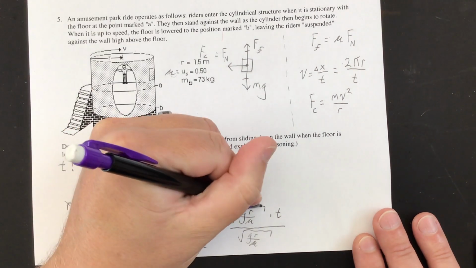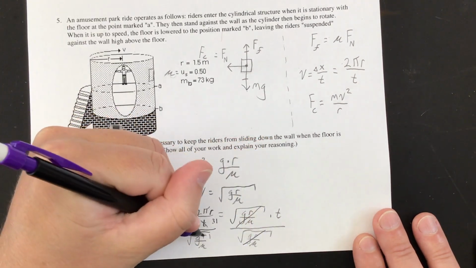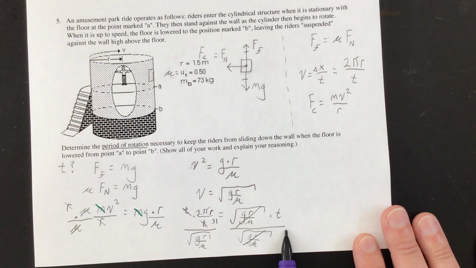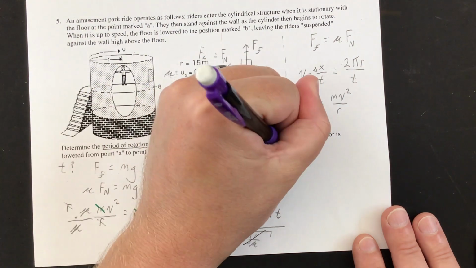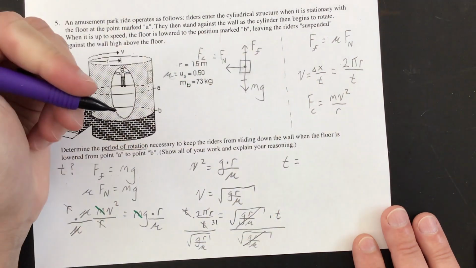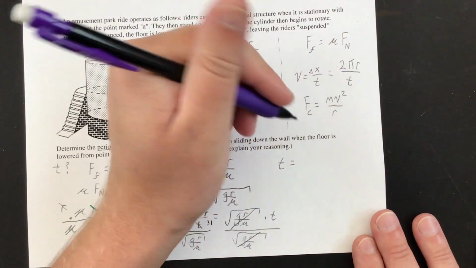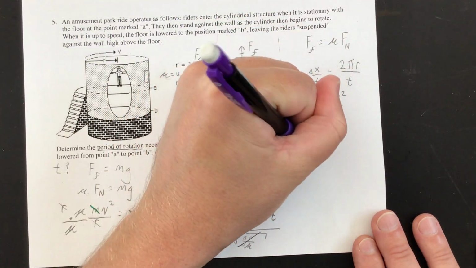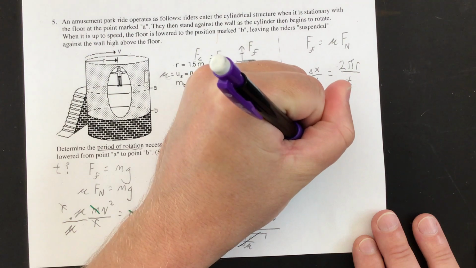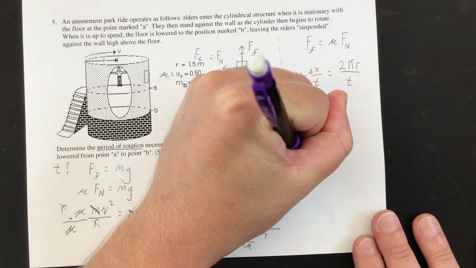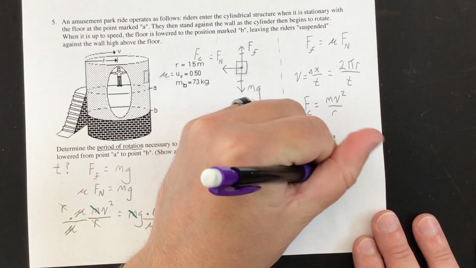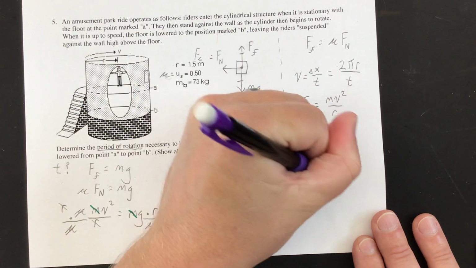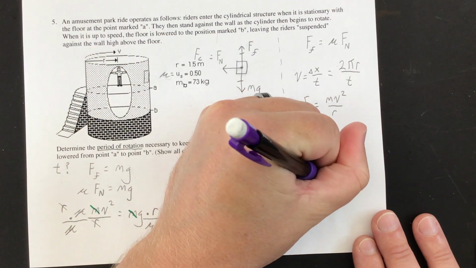So on the right-hand side, we have t. On the left-hand side, we have 2 pi r divided by the square root of gr on mu. So t, which is what we're trying to find, is going to equal 2 pi r divided by the square root of gr on mu.